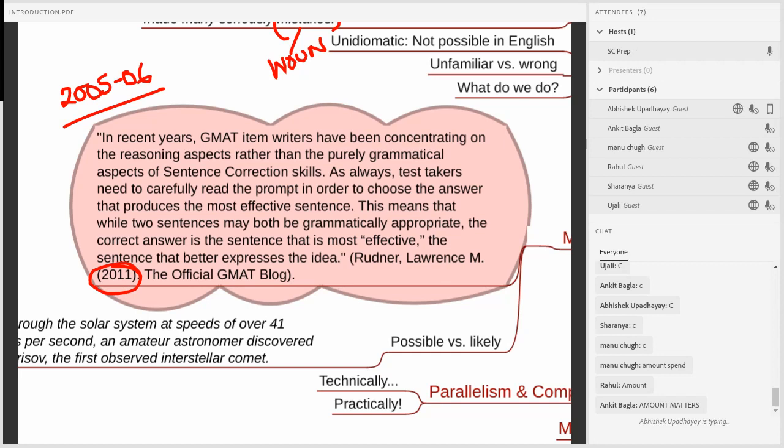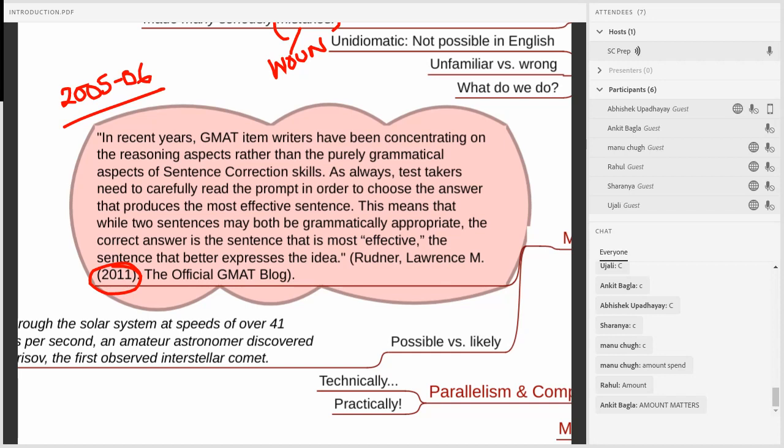So keep in mind, the GMAT has not suddenly become a meaning-based exam. The focus on meaning was brought in from 2005. Remember that. So don't suddenly change anything in your approach because you think, oh no, the GMAT has just changed. The GMAT has not changed. The GMAT has been the same for the last 15, 16, 17 years.